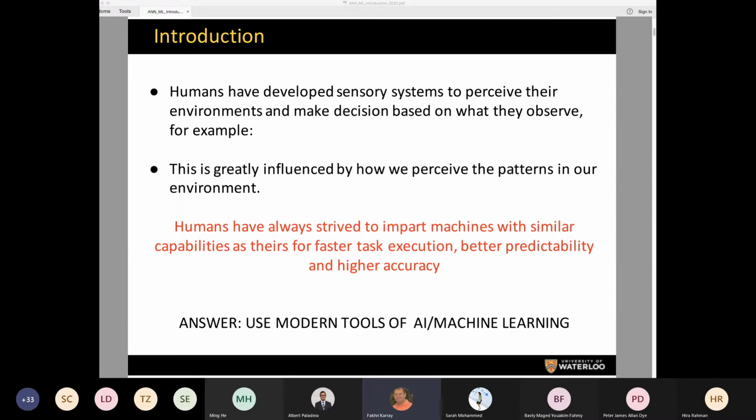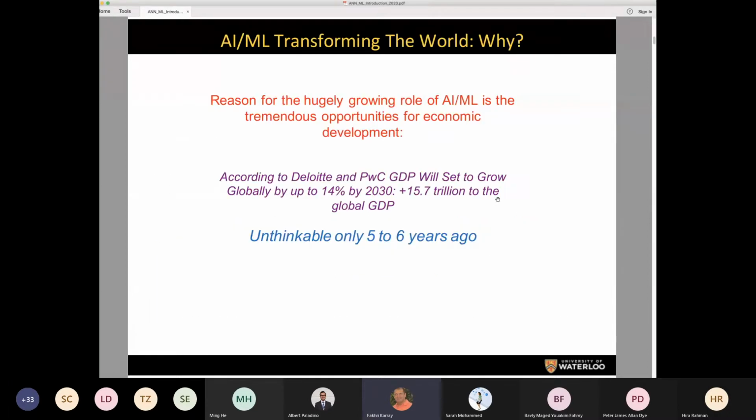And we are going to see how this has evolved over the years during these slides. So we are going to use the modern tools of artificial intelligence and machine learning to be able to impart capabilities of the human being into a machine. And that's the spirit of machine learning that we are going to see during this set of lectures.